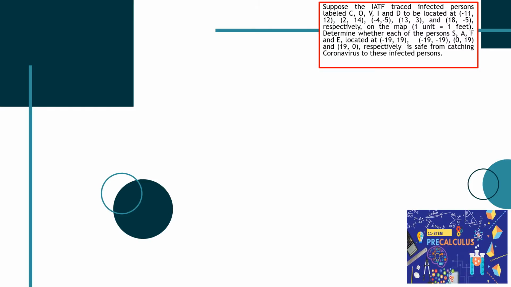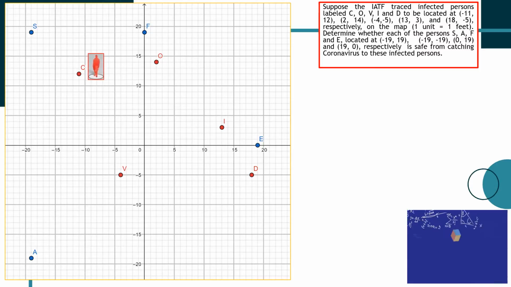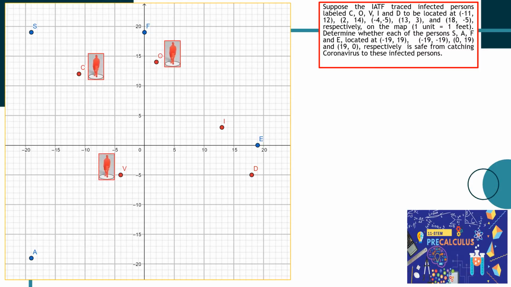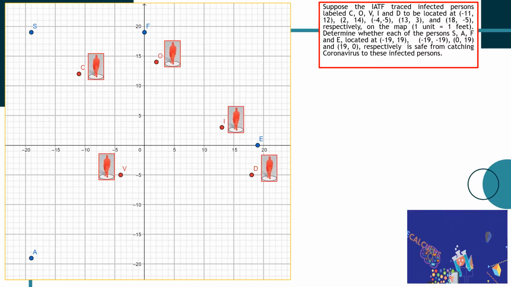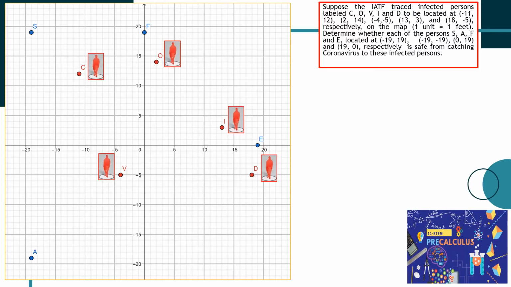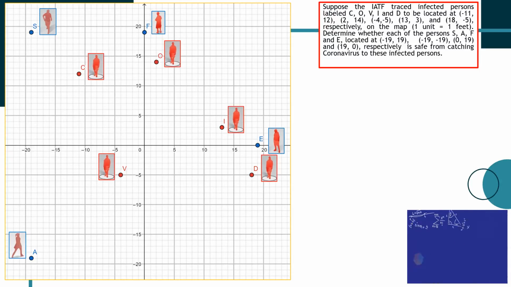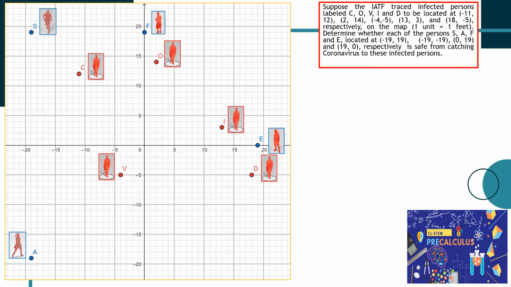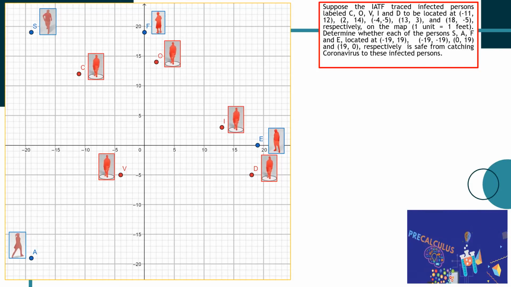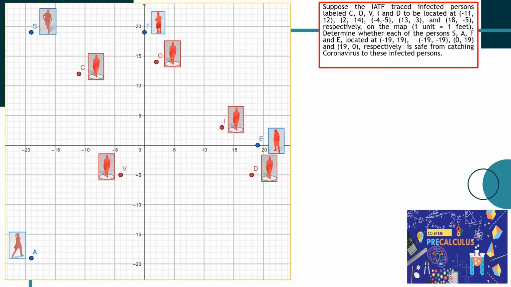So going back to the problem, we first plot the location points of those infected with COVID-19 on the Cartesian plane, labeled as C, O, B, I, and D, together with the persons S, A, F, and E, before graphing the social distancing circles of each infected person. In this video, let's say we have already plotted the given points in the problem.